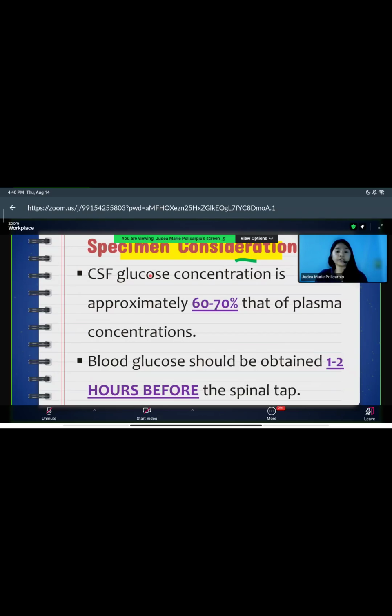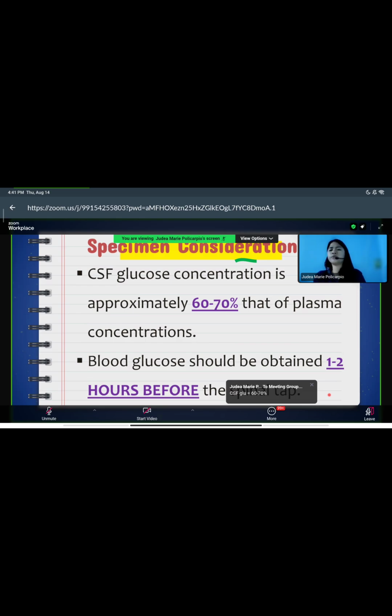And in your notes, meron tayong dalawang importanteng recall question when it comes to the CSF glucose. If you were to compare the glucose in the CSF and the plasma, ang CSF glucose pala natin ha is approximately 60 to 70% lang compared to the plasma concentration. Uy, ingat kayo ha, ang CSF glucose, 60 to 70%. Apparently, there's another recall question, no? CSF protein.